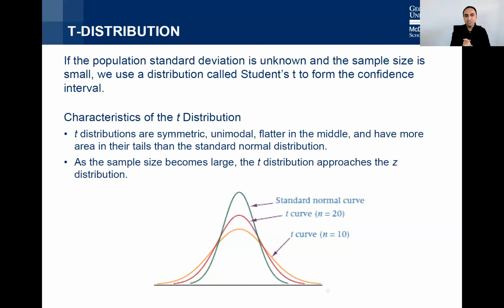So the t distribution is very similar to the normal distribution. It's symmetric, bell-shaped, the average is in the middle and so on. But it has one more setting, which is something called degrees of freedom. Let's take a step back. The t-distribution was designed to approximate the normal distribution.